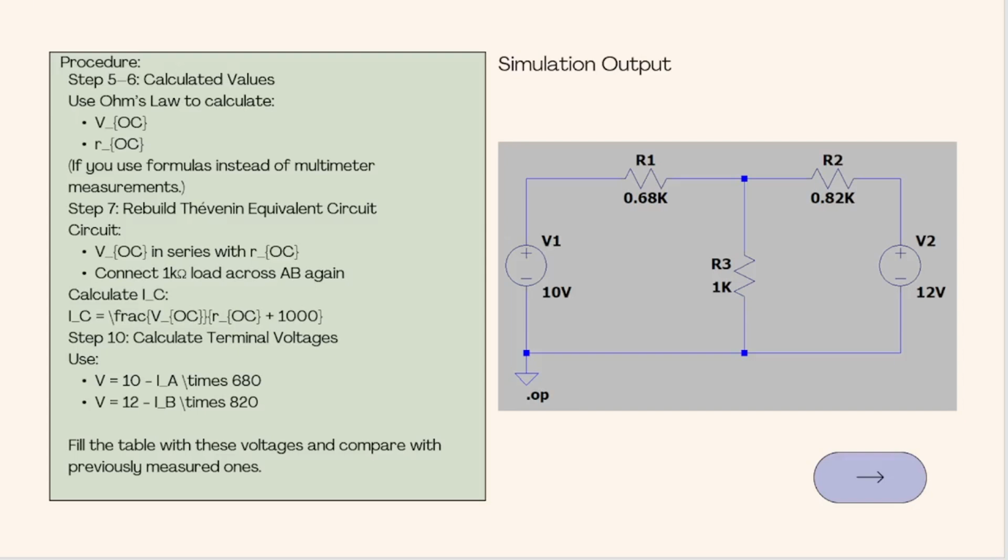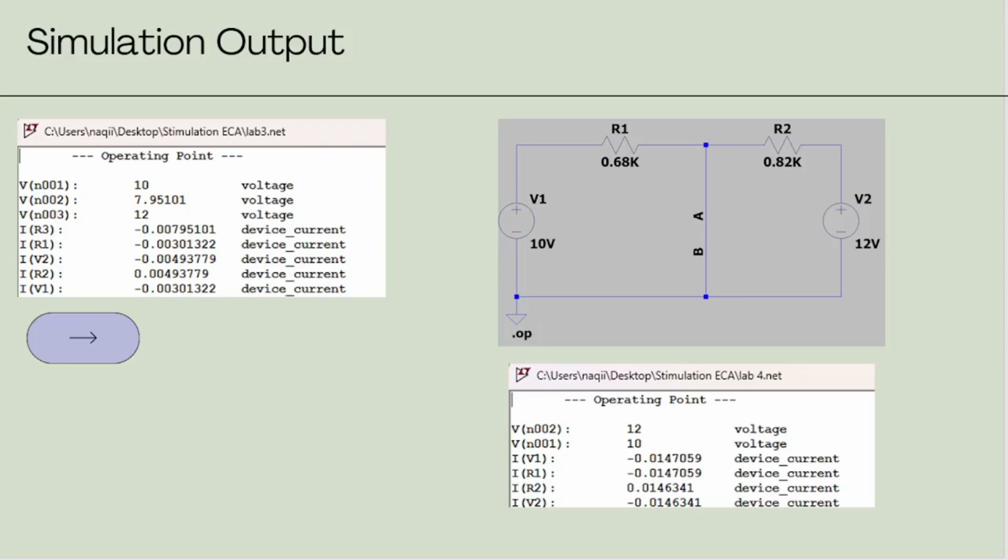On our right, we have the first step of the procedure, where all of the circuit is connected, and we have our result on the next page. Here we got R1 with 0.003, R2 with 0.004, R3 with 0.007.